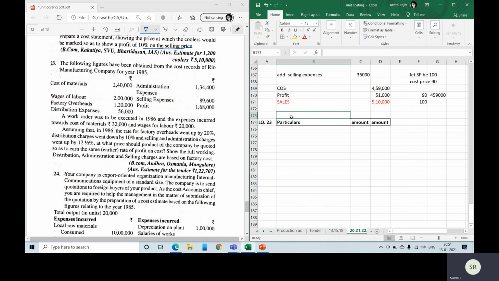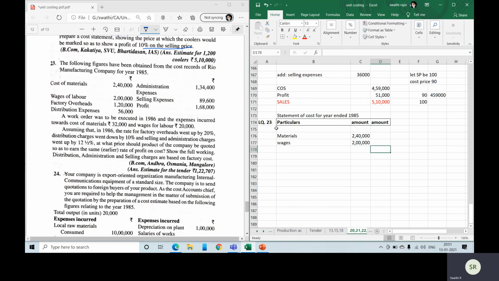It is cost sheet statement of cost for year ended 1985. And as usual, cost of materials. For this, I'll just start doing. You can read the question. Materials are given to us as 2,40,000, and then we have wages as 2 lakh.